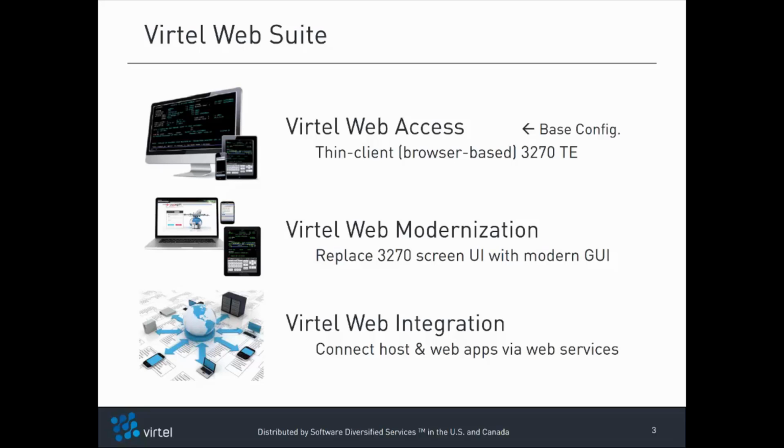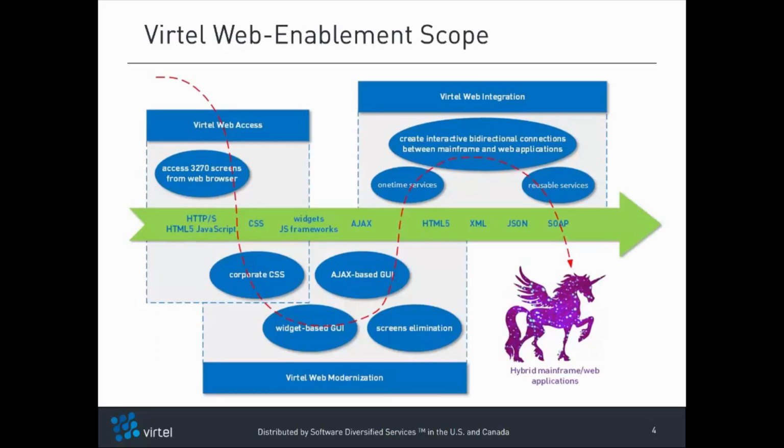Virtel Web Modernization replaces the application screen user interface with a modern and user-friendly web user interface. And Virtel Web Integration connects mainframe and web applications through interactive bidirectional web, message, or email services. Virtel covers the entire web enabling scope.